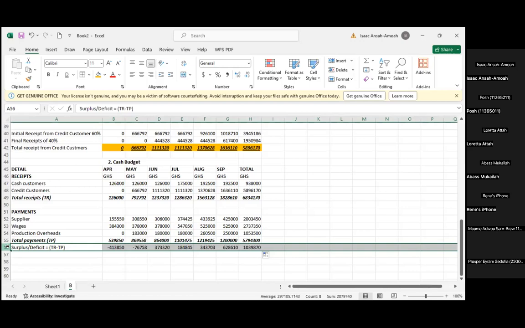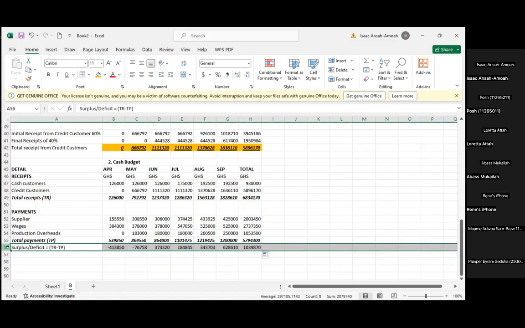So, you see, you are getting deficits and then you are getting some surpluses. So, should you intend to finance the deficits, how are you able to do that? It's a question that they can ask you.